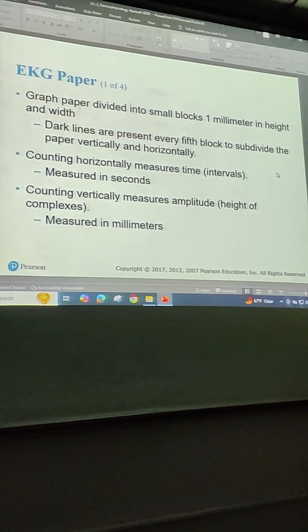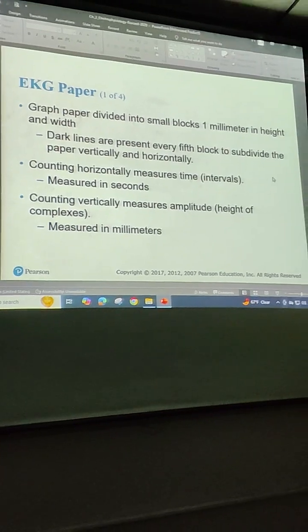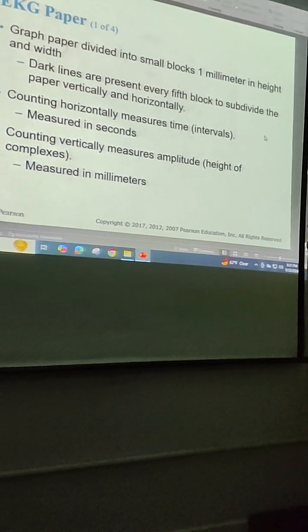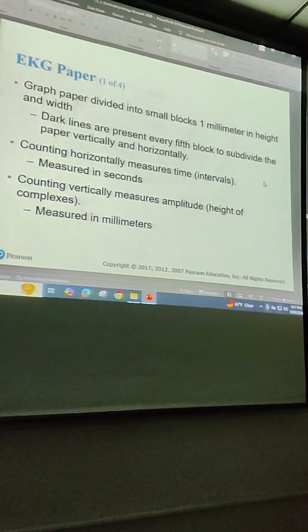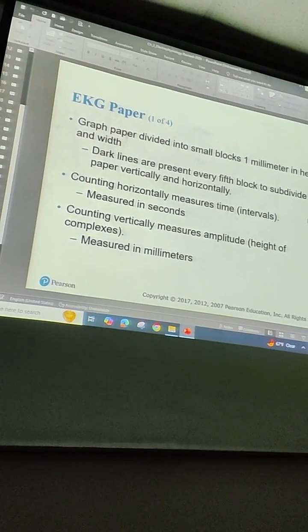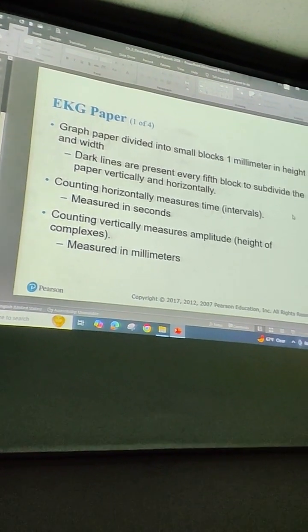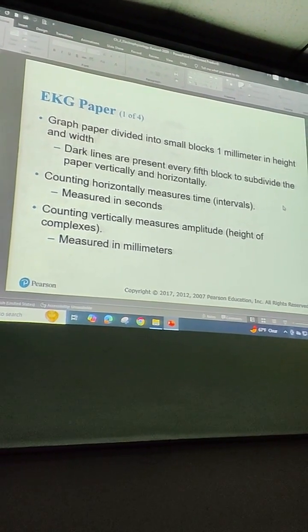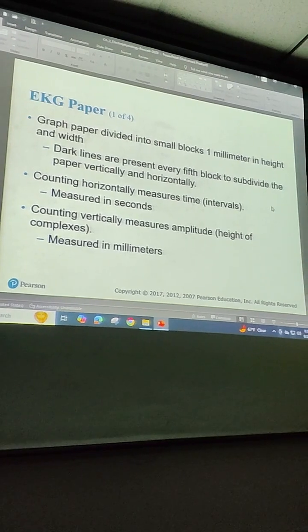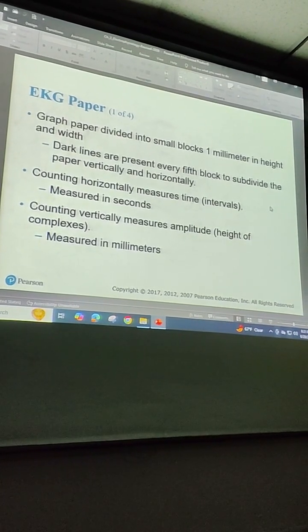What type of line is this? Horizontal lines. And what lines are these? Vertical lines. So we're going to have horizontal lines and vertical lines.